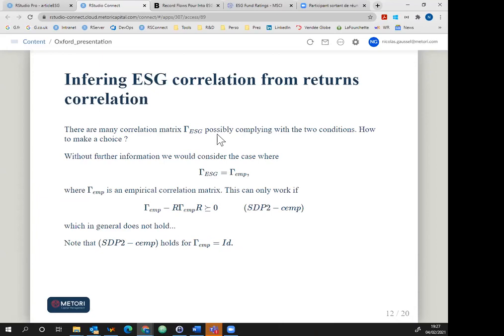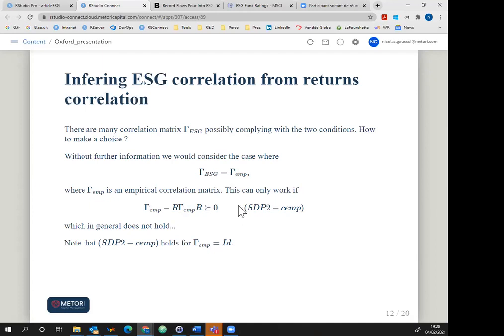So a way to start, as a kind of prior, is to consider that the correlation matrix related to ESG is the same as the one related to return. It's probably not the case, but it's a good starting point. Then we want to see whether it's possible or not: with the empirical correlation matrix, does the condition hold, that is, is the correlation matrix minus R gamma R semi-definite positive?